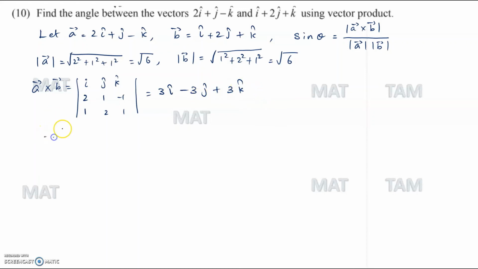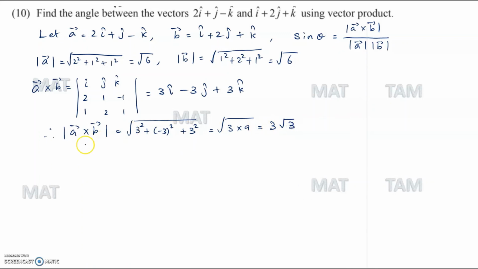Therefore, the magnitude of A cross product with B is equal to the square root of 3 squared plus minus 3 squared plus 3 squared, which is equal to the square root of 3 times 9, so it is 3 root 3.